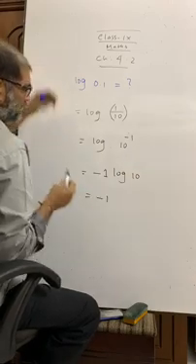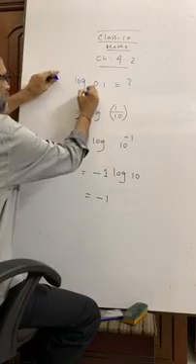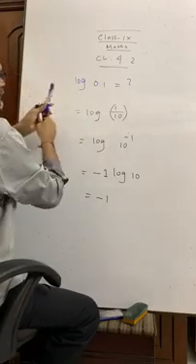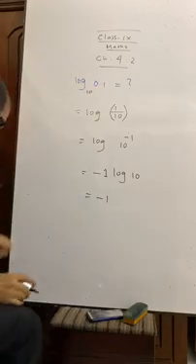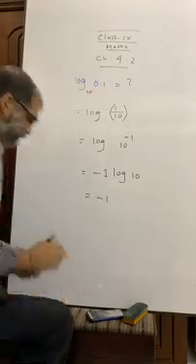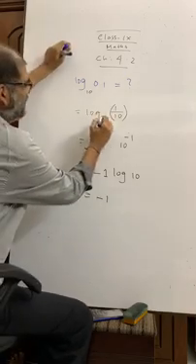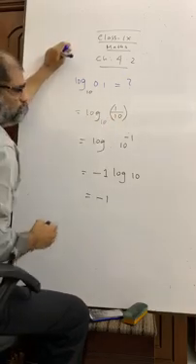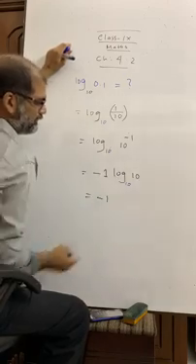Now you see log 0.1 means there is a base. The base is 10, right? Now we can write like this. This is also 10, this is also 10, this is also 10.